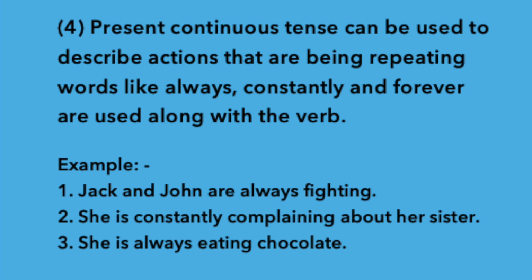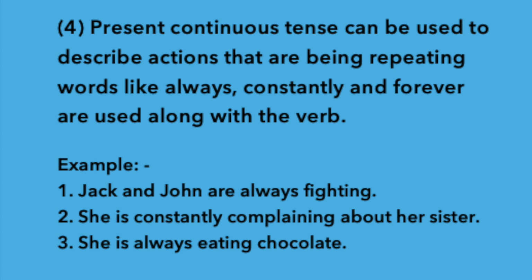It can be used to describe actions that are repeating. Words like always, constantly, and forever are used along with the verb. For example, Jack and John are always fighting. She is constantly complaining about her sister. She is always eating chocolate.